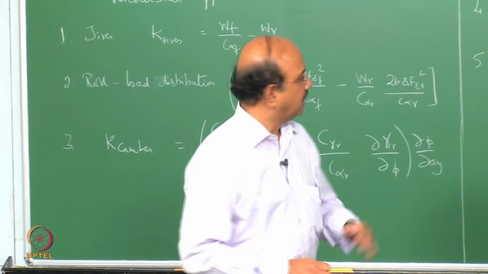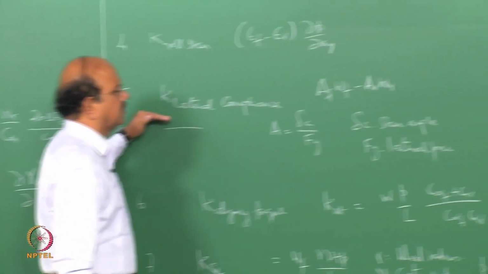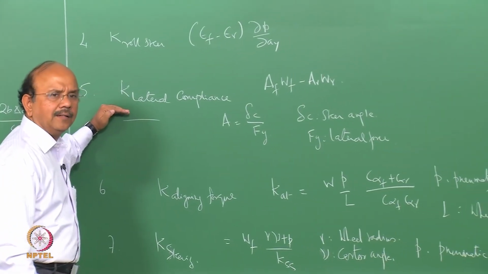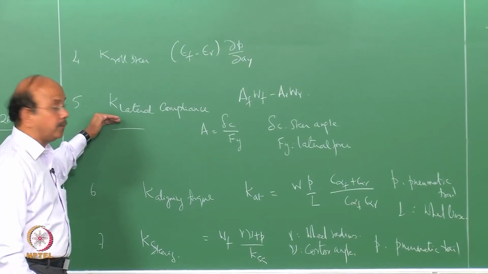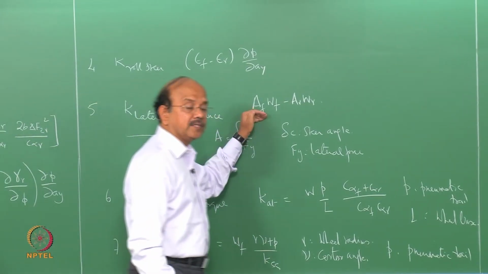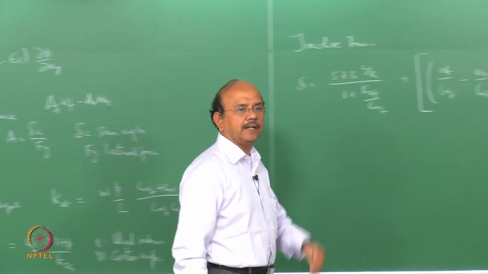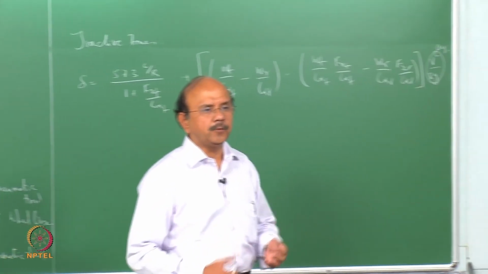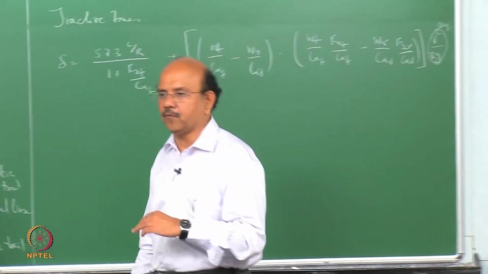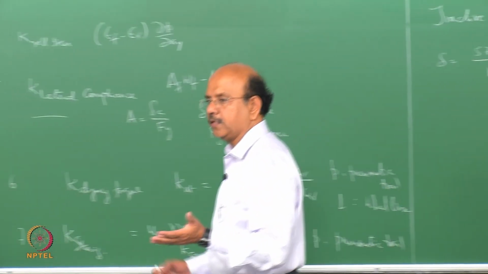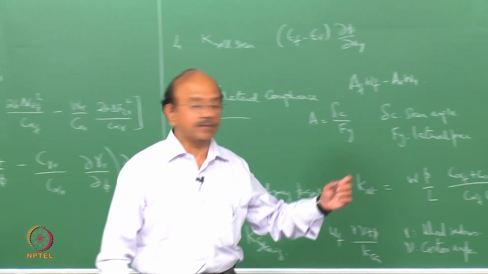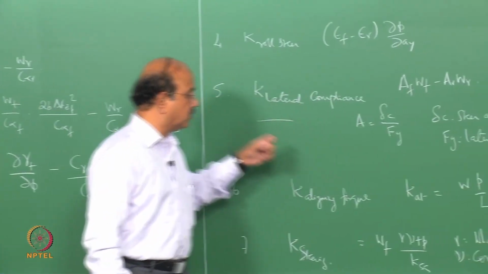All those things we did. Lateral compliant steer is a very important concept from that point of view, and we distinguish between a front lateral compliant steer and the rear lateral compliant steer, and the difference between them would cause the vehicle to understeer or oversteer. Okay, so that is one of the things that we introduced.